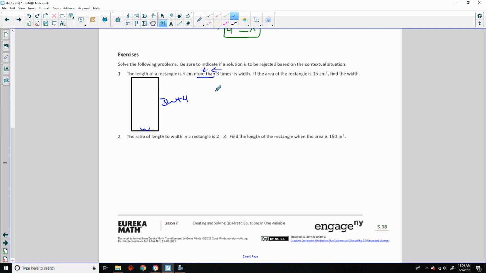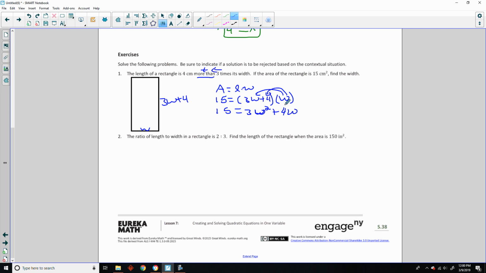All right, so area equals length times width. Plug in the givens: area 15, length 3W plus 4, width simply W. Now we simplify by distributing. W times 3W is 3W squared plus W times 4, which is 4W.